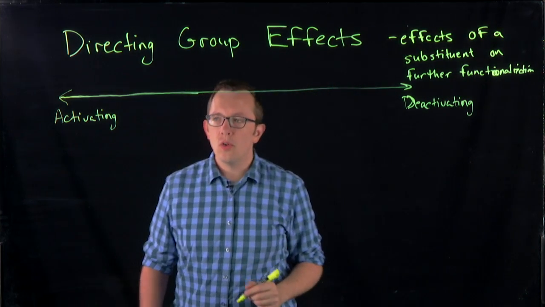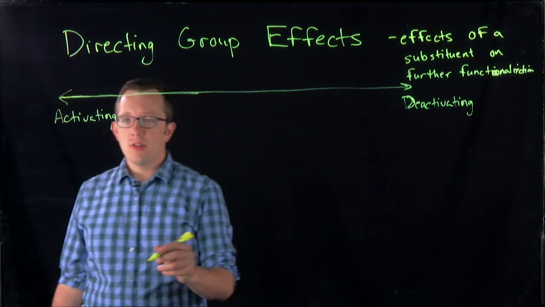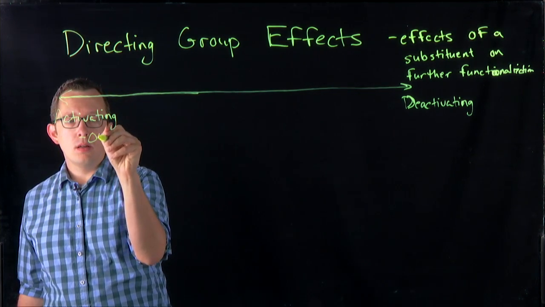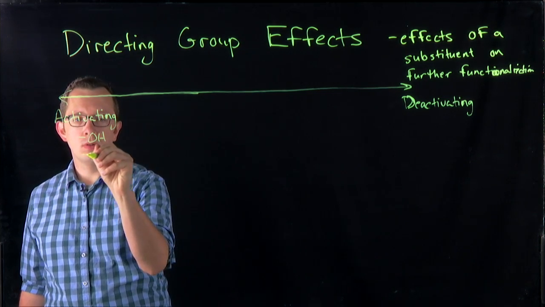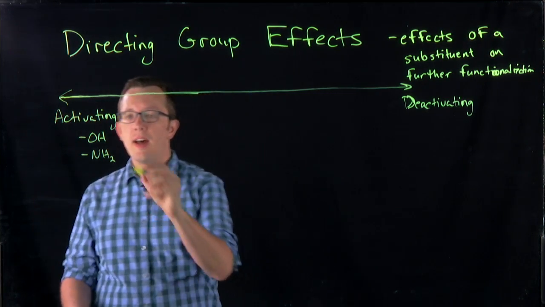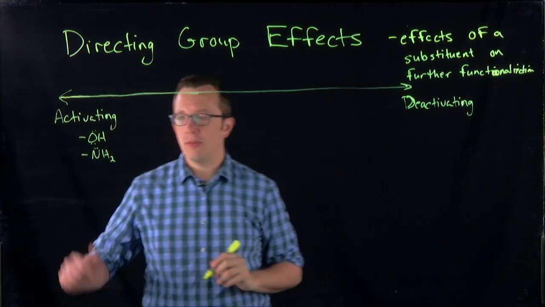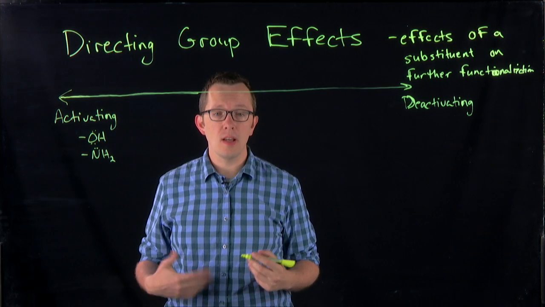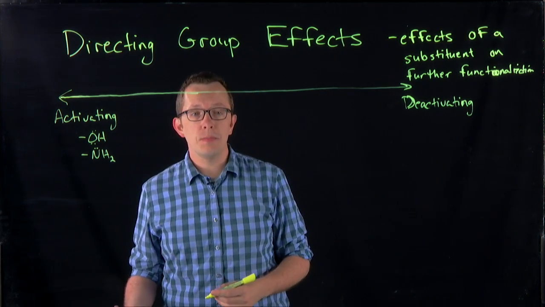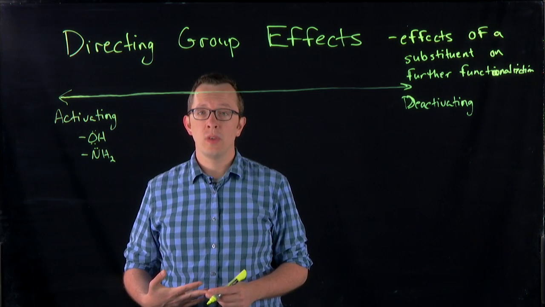Activating groups are electron-rich groups. Some examples might be an OH group, an NH2 group, things that have a lone pair adjacent to the benzene ring. So we have lone pairs on oxygen, lone pairs on nitrogen. These can donate into the benzene ring and increase electron density at certain positions, right?